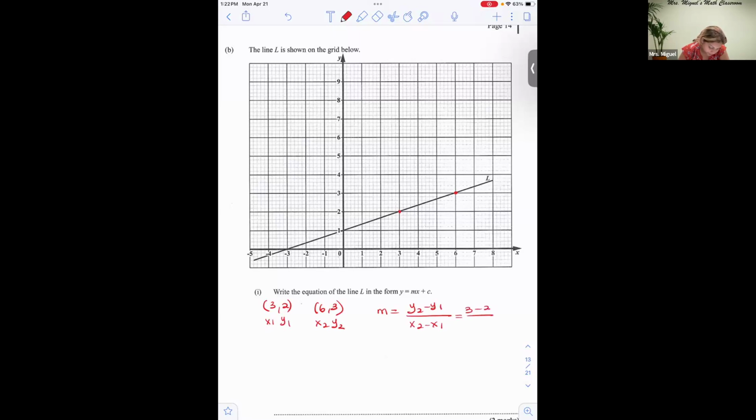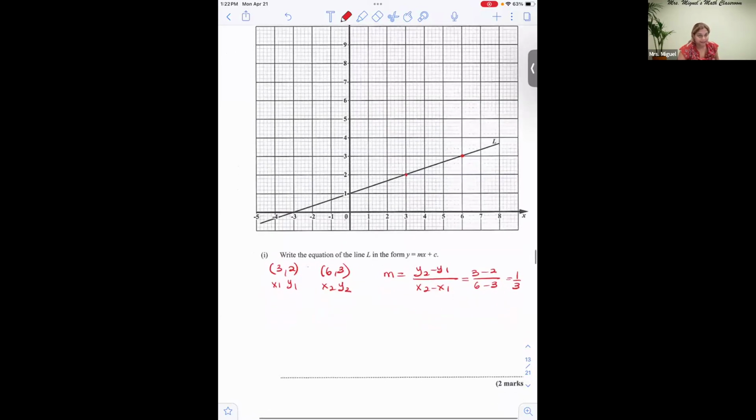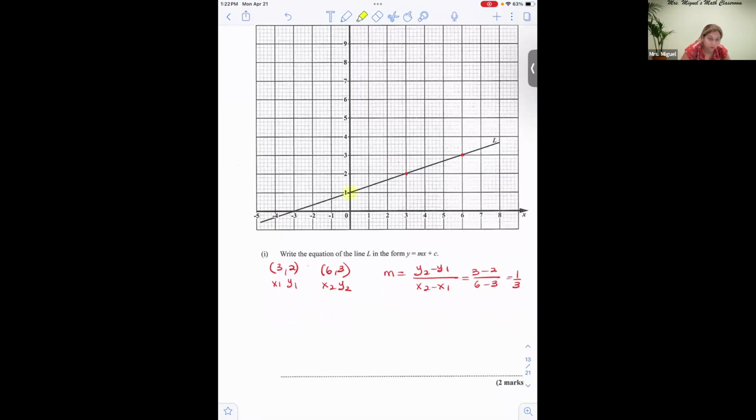Three minus 2 over 6 minus 3. This is 1/3. And the y-intercept is 1. So there was no need for you to find the equation, right? You could have just written it as 1/3 x plus 1 for 2 marks.